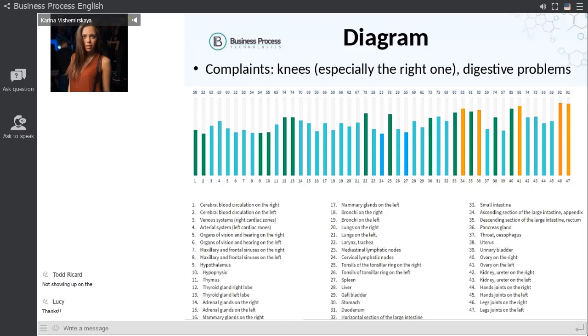If the person had the problem but was healed, the organ can be shown in turquoise or even in green color, because we do the test and the results are shown at the moment of the testing. If the person does not have any problem with this organ and system anymore, probably it will be shown turquoise or green. It means that the system works well at the moment.